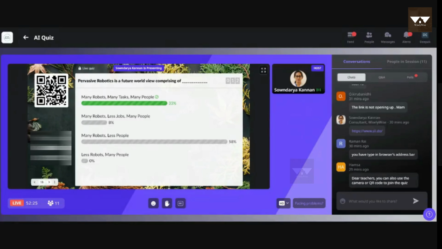Which means many tasks can be done by many robots with the help of many people. So this is a combined world with many robots, many tasks, and many people. The rest three are purely to confuse you. Many robots, fewer people is not the case. Many robots, many people, and many tasks is what we call pervasive robotics. So A is the right answer for you all.